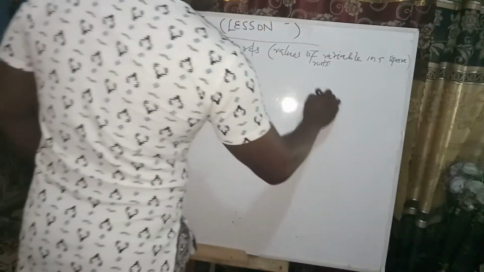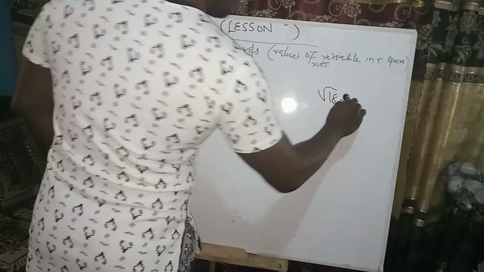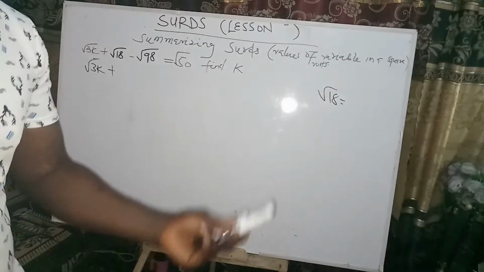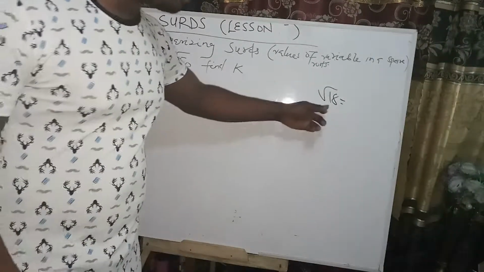So for this root 18, we ask ourselves what we can do to get a perfect square part and a non-perfect square part.